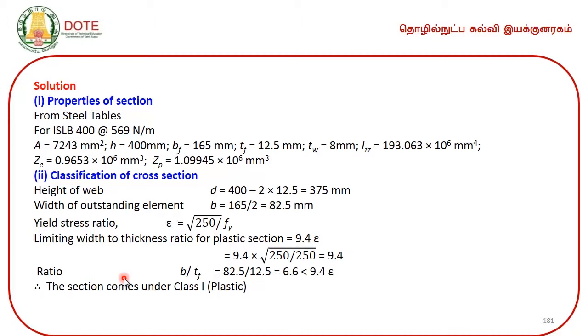So, for ISLB 400 at 569 Newton per meter, by referring the table, gross area is found to be 7243 millimeter square, depth is 400 mm, breadth of the flange is 165, thickness of the flange 12.5 mm, thickness of web 8 mm, and the geometrical property of the section IZZ, that is 193.063 into 10 power 6 mm power 4, elastic section modulus and plastic section modulus. So, all these properties you have to take the value from the steel tables.